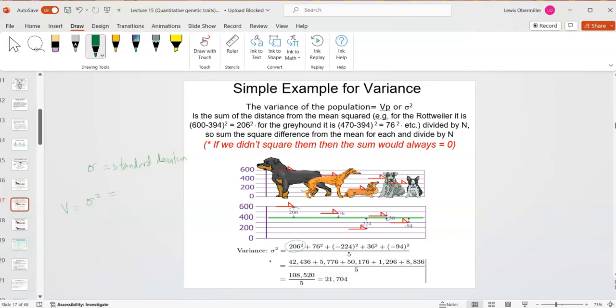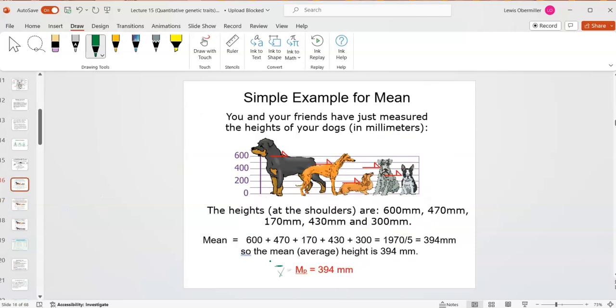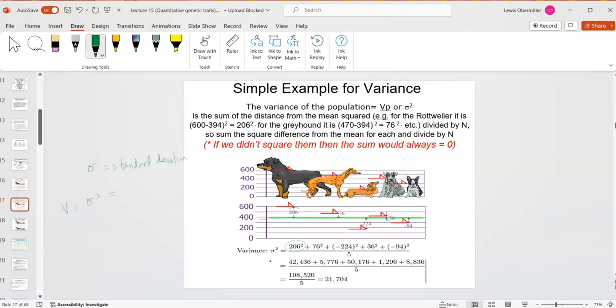So here, the question is, here's our mean, right? We just calculated our mean, 394. So our mean is 394, which is symbolized right here by this green line. Now we want to know how much these dogs vary from that 394.